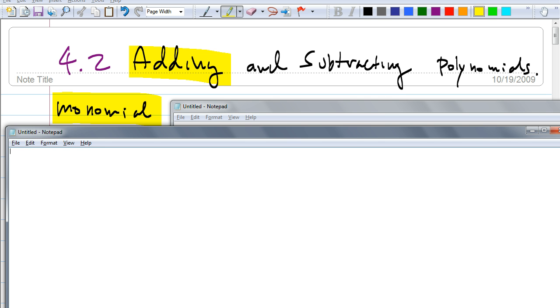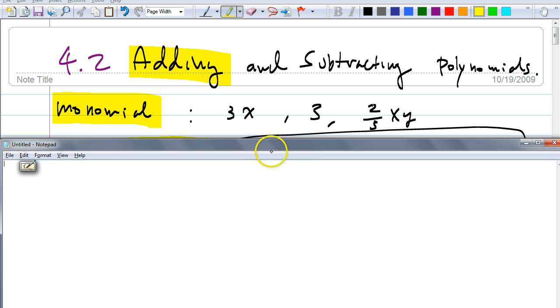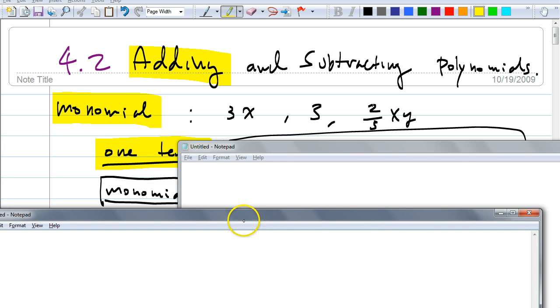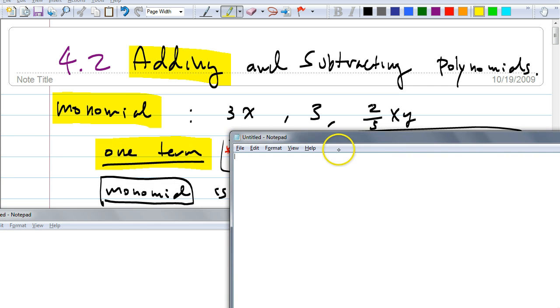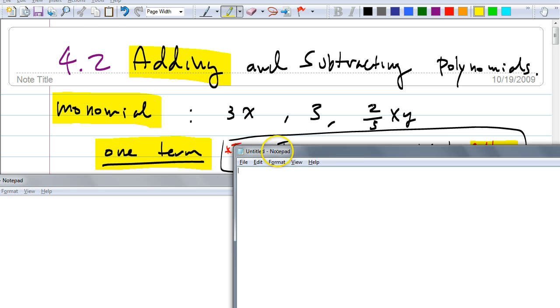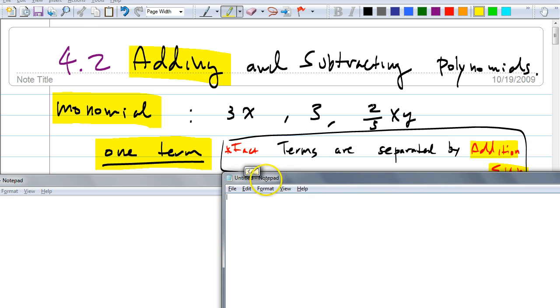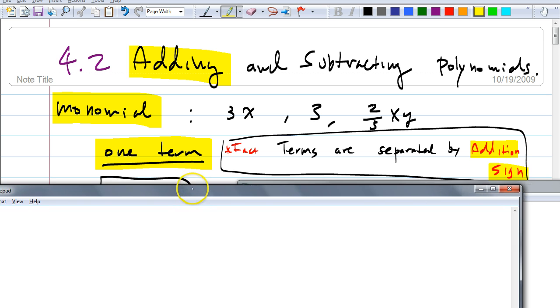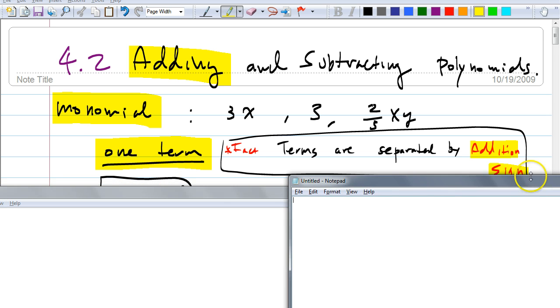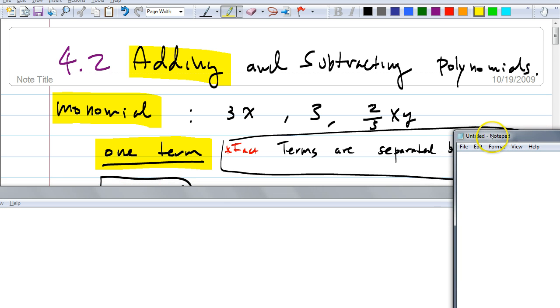What about negative 7xy? Is that a monomial? Yes, it is. So here are some examples, and this is the definition of monomial. How many terms does it have? One term. By the way, you should write this down. Terms are separated by an addition sign.